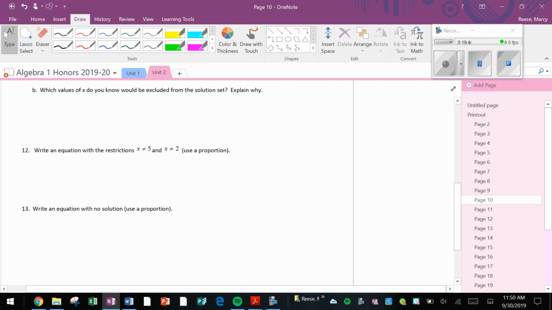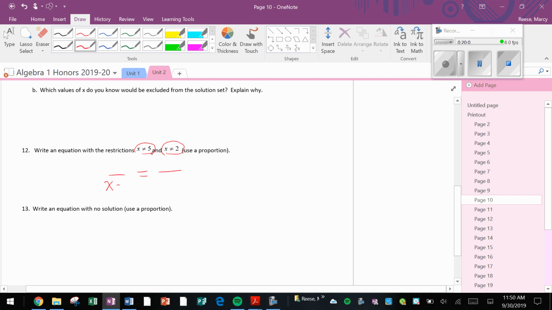So it says write an equation with the restrictions x cannot equal 5 and x cannot equal 2. So I basically want you to write a proportion where these would be the denominator.